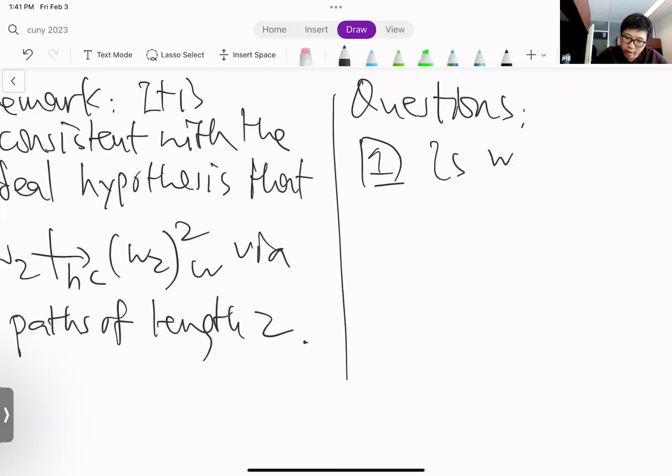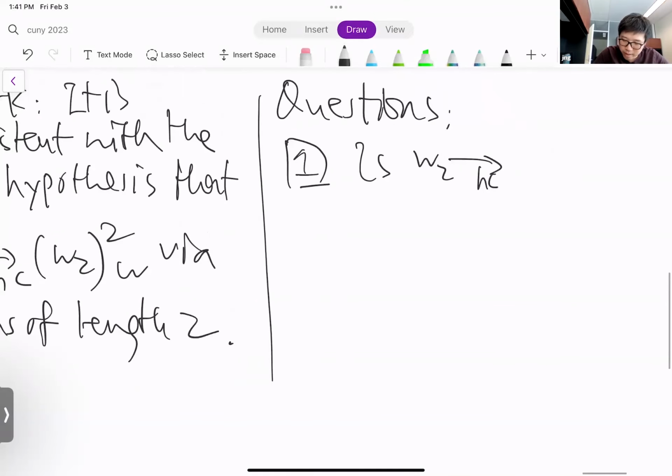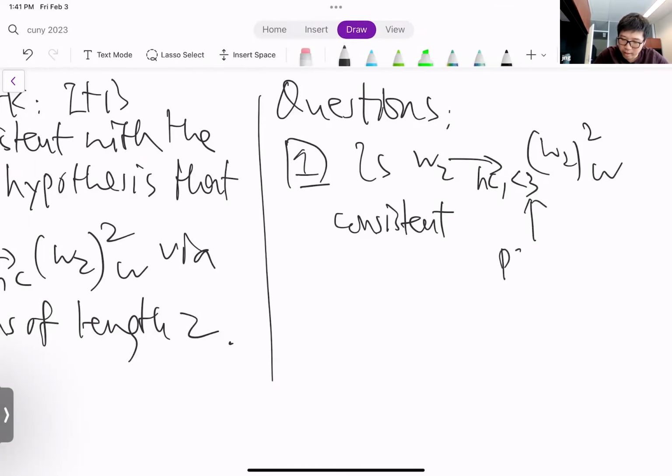So is omega 2 arrows highly connected less than 3, omega 2, 2, omega consistent? The 3 here is saying the path should have length less than 3.